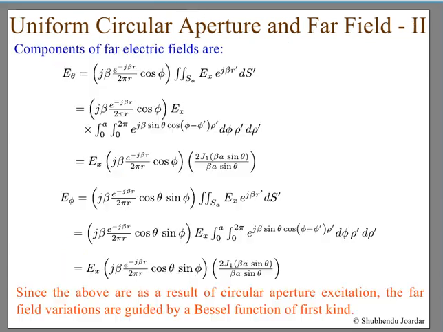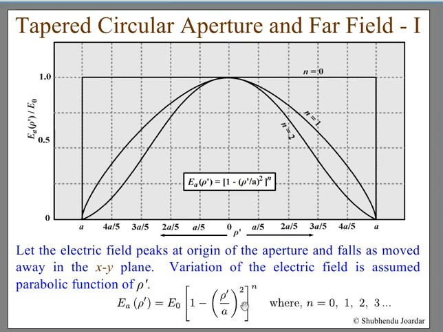This is the parabolic function, and you can bring any one of these curves or any other curves by changing the value of n. So you can model the electric field distribution in the aperture using this equation. When you put n equal to 0, you set it to rectangular uniform; when n is equal to 1, you get this kind of variation; n is equal to 2, and so on.